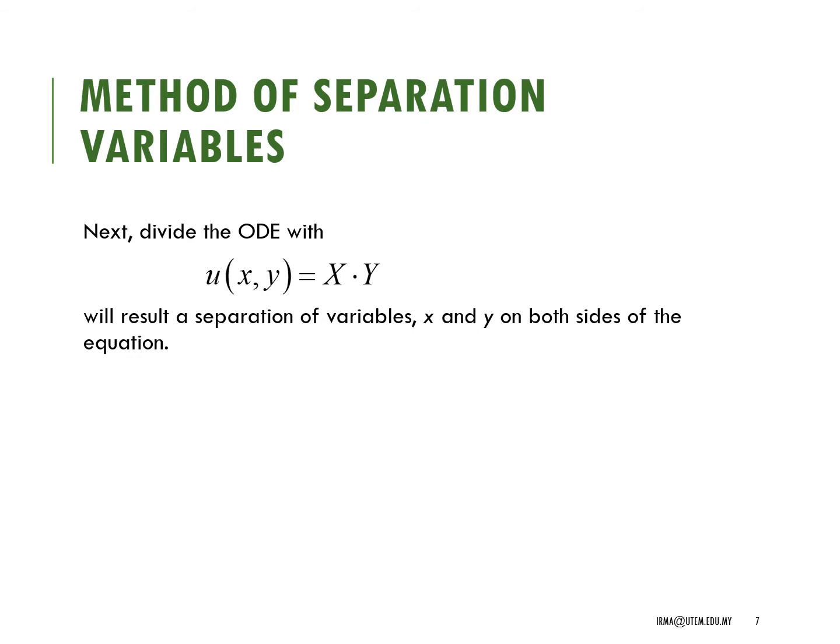When you implement these steps, you can show whether the PDE is separable or not. If it's separable, then you can proceed with step 2. If not separable, you cannot proceed with the next step. We cannot use the separation of variables method. So these are the steps.